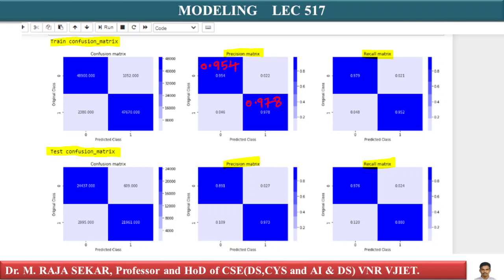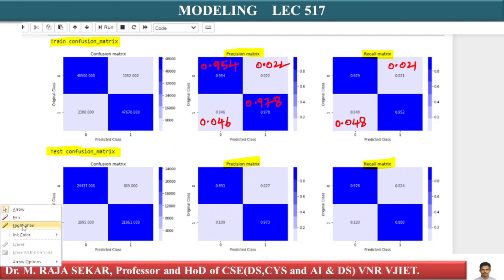One thing slightly off: 0.046 and 0.022 are small values, and similarly 0.021 is smaller than 0.048. Just observe those values.